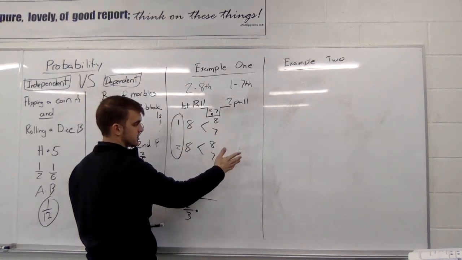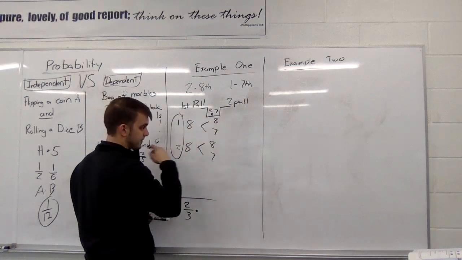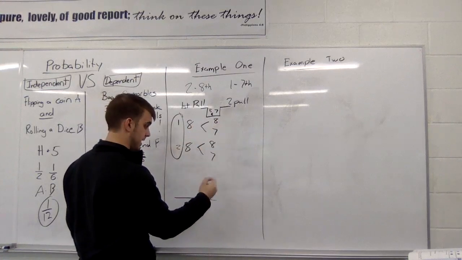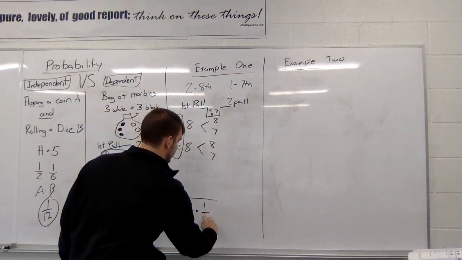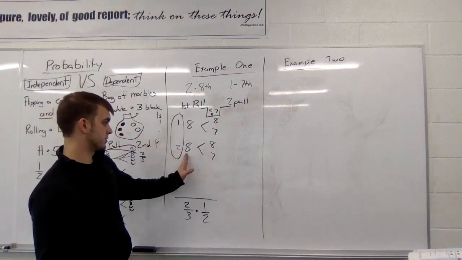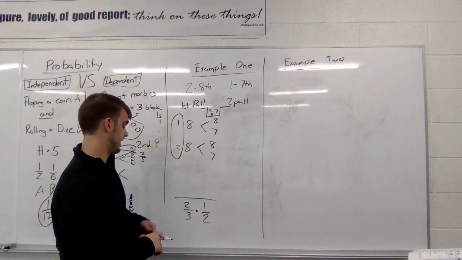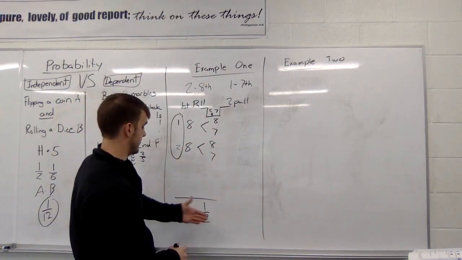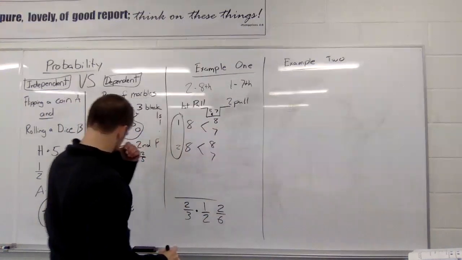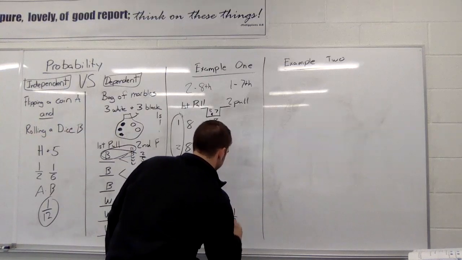And what is the chance that you're going to get another 8th grader? Well, if you look at it, there's 1, 2, 3, 4 options. 2 of them are 8th graders. So 2 out of the 4, or 1/2, is going to be the probability that if the first one's correct, the second one can be correct. So 2/3 times 1/2 gives you 2/6, which is 1/3 simplified there.